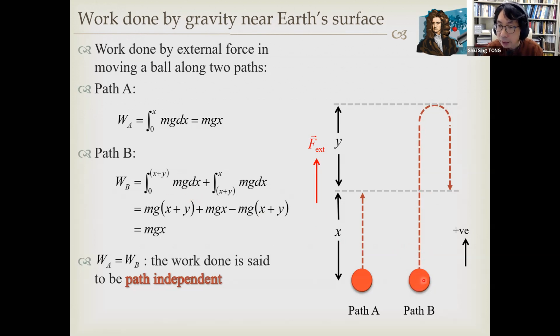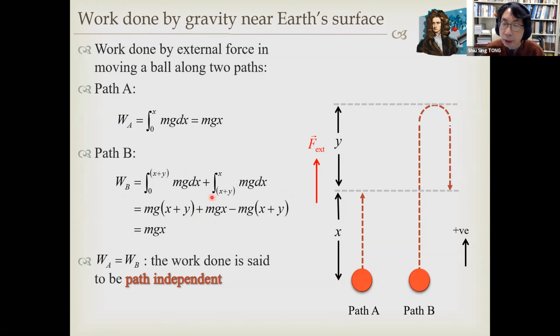The first path is from the initial position to the maximum height, which is x plus y above the original position. So we integrate the external force from 0 to x plus y. And then we integrate from the highest position, x plus y, to the final position, which is x. The other integral is the work done on this path from x plus y to x.